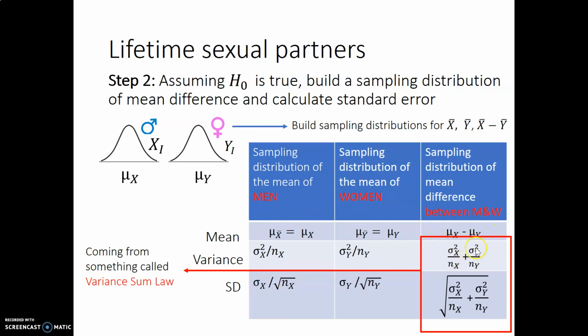Next, I'm going to talk about how to calculate the variance for this sampling distribution of the mean difference. We're going to use something called the variance sum law. According to this law, this variance is simply the sum of the variance for men's sampling distribution of the mean and women's sampling distribution of the mean.